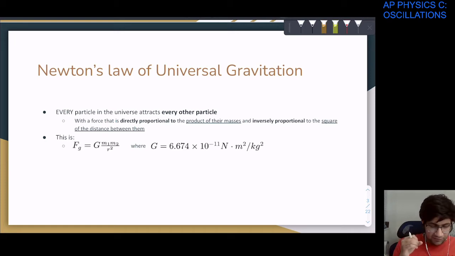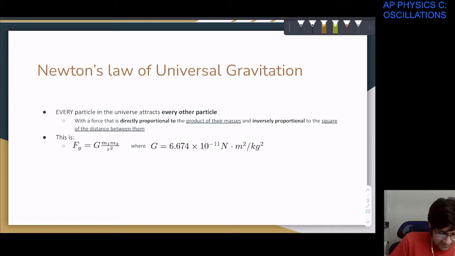But if you have a really large mass like the Earth and a really small mass like this pencil, the force is substantially less. It's half as much than if you were to have two Earths. Also, it follows this inverse square law. So if you double the distance between two bodies, the force gets cut by a factor of 4.